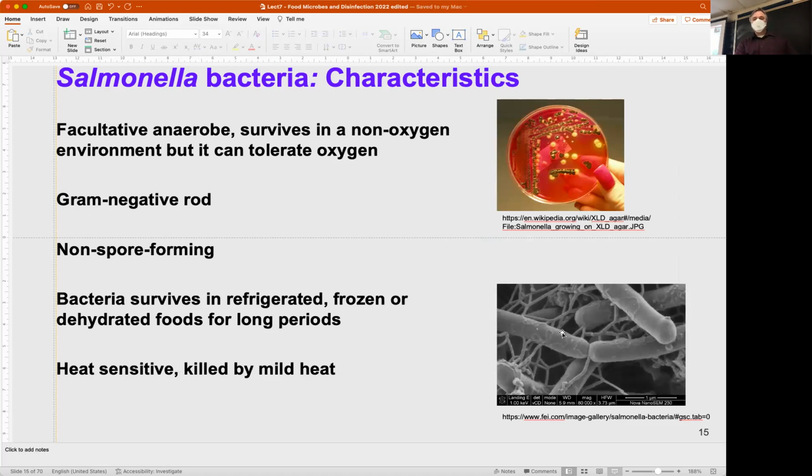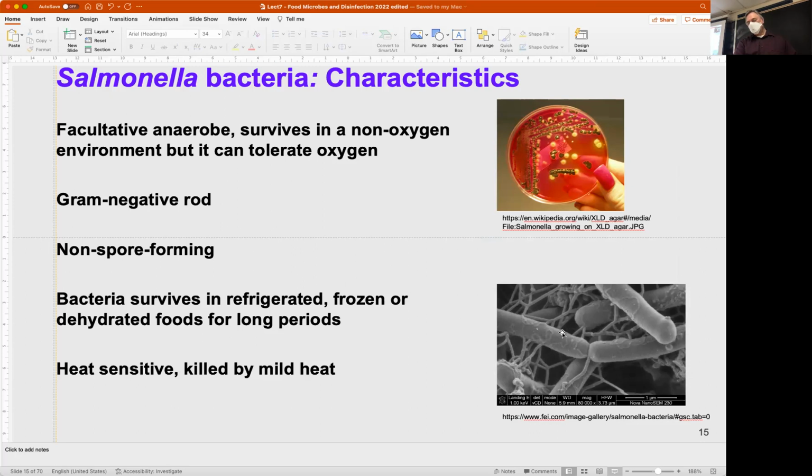Here's a picture I shared with you just before break. Someone's got a selective plate showing how to grow Salmonella on an XLD agar plate. It's a gram-negative rod. It survives as a facultative anaerobe, meaning you don't need oxygen for it to live.